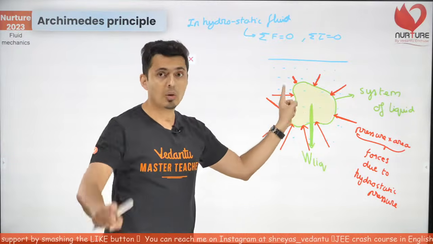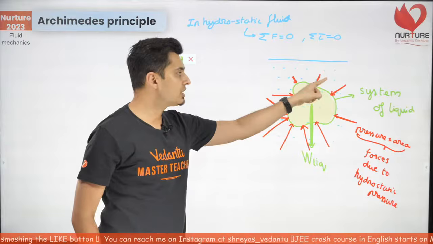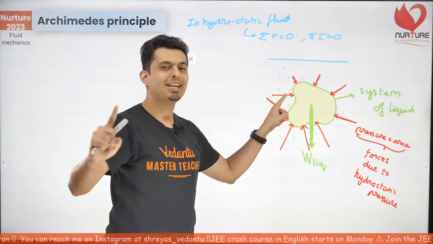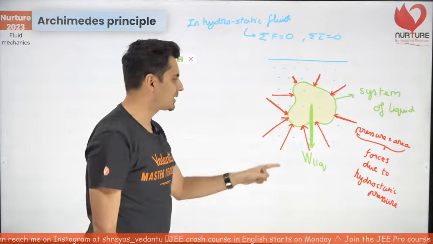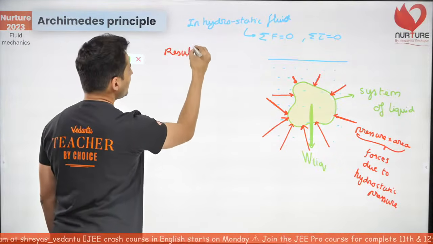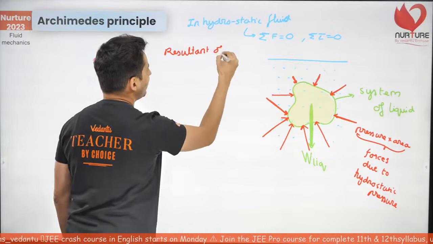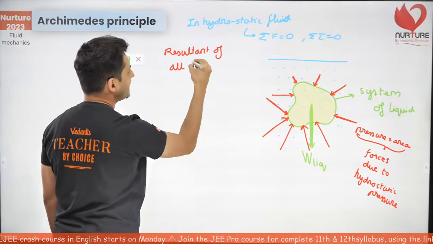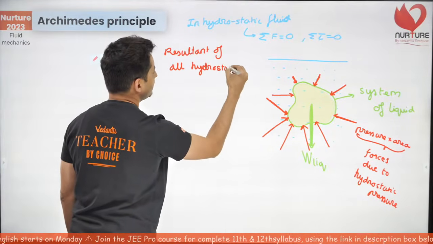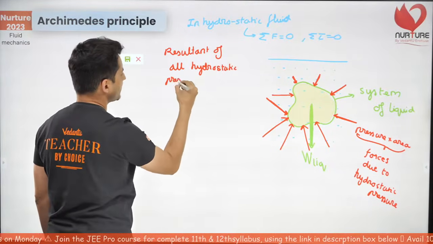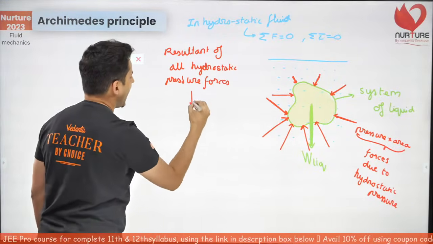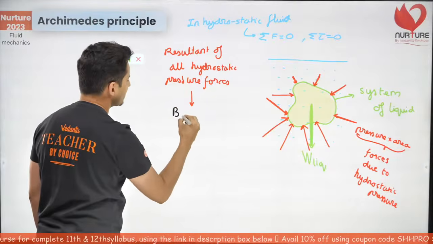Concentrate now. So essentially the idea is these forces do not cancel out. So they will have a resultant force. That resultant of all the hydrostatic pressure forces is basically called the buoyant force.